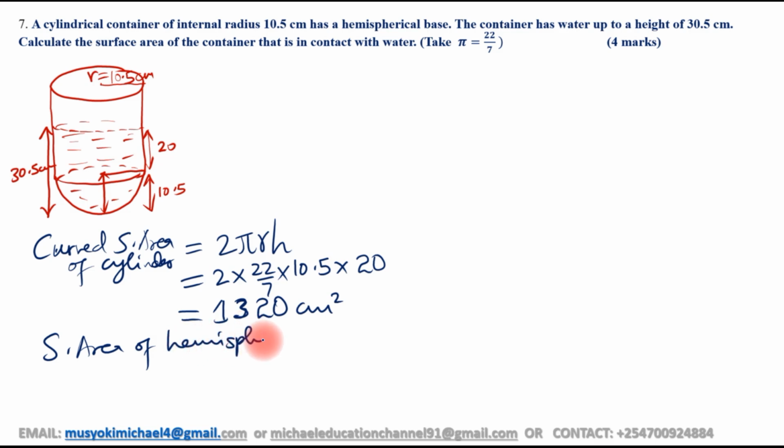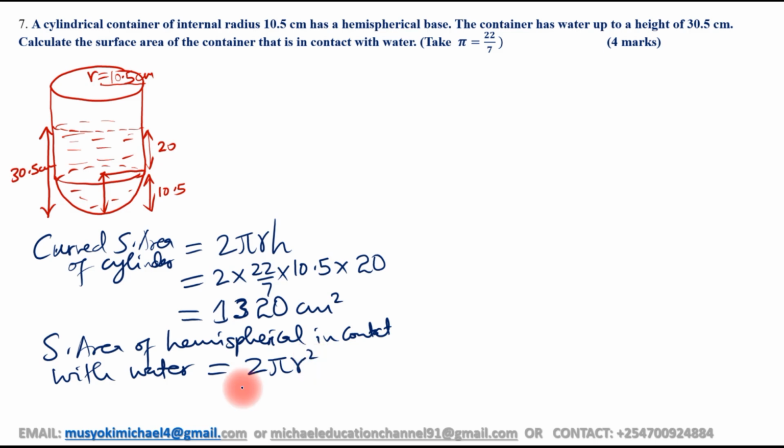Then we also need to get the surface area of the hemispherical part in contact with water. So the formula is 2 pi r squared. Remember, the surface area of a sphere is 4 pi r squared, and this is half of it.